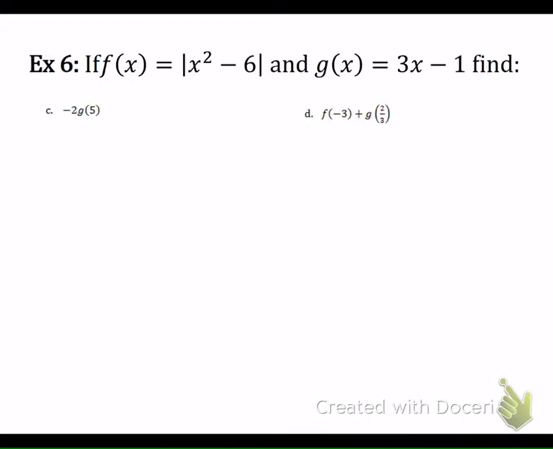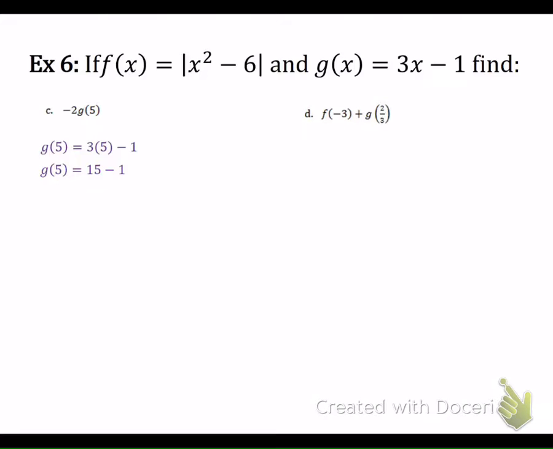So part C, now I want -2 times g of 5. So let's do g of 5 first. I'm going to go back to the g function and plug in a 5 everywhere I see an x. So g of 5 equals 3 times 5 minus 1. What's 3 times 5? 15.